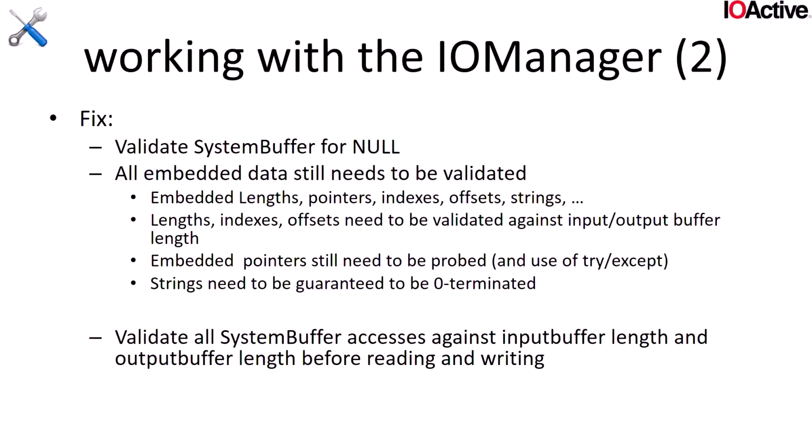There's a set of developers that'll say, oh, METHOD_BUFFERED, cool, we're good, we don't need to do any security checking. And then they'll have some kind of embedded linked fields that are never validated and used to copy stuff around, and all of a sudden you get memory corruptions left and right. So the idea with METHOD_BUFFERED is that, A, validate for null, and B, all the embedded content still has to be validated.